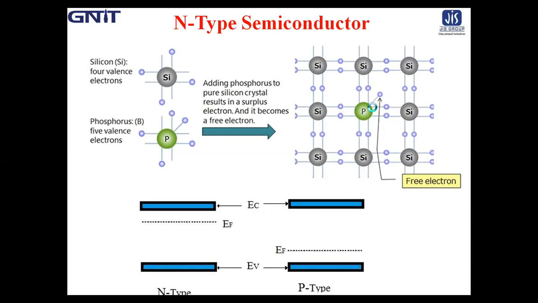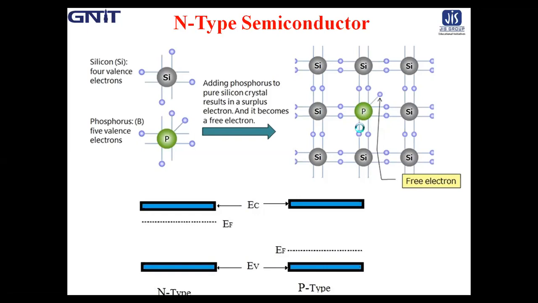The impurity atom, that is phosphorus, becomes a positively charged ion because of losing or donating its 5th electron to the conduction band, and remains fixed or immobile since it is strongly bound to the neighboring 4 silicon atoms by covalent bonds.